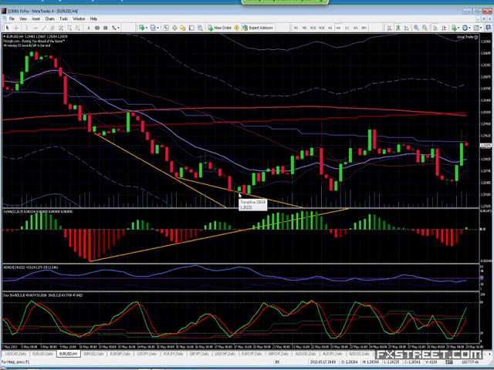Made another lower low, and the indicator once again failed to make a lower low. Two divergences in a row. Three bottoms in a row. Okay, this thing's obviously losing steam to the downside.